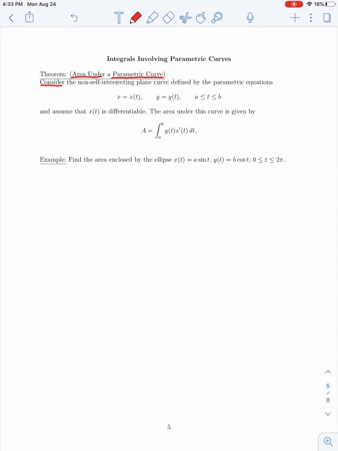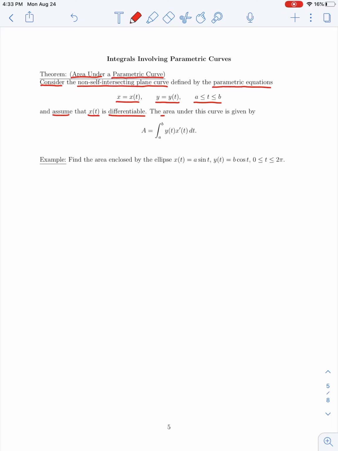Let us consider some non-self-intersecting plane curve defined by the parametric equations x of t and y of t, where t ranges from a to b, and let us assume that the equation for x is differentiable.